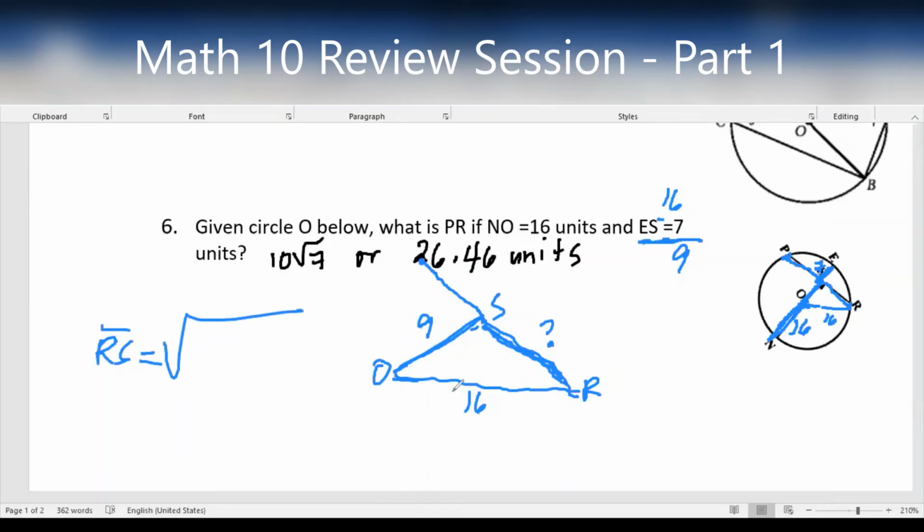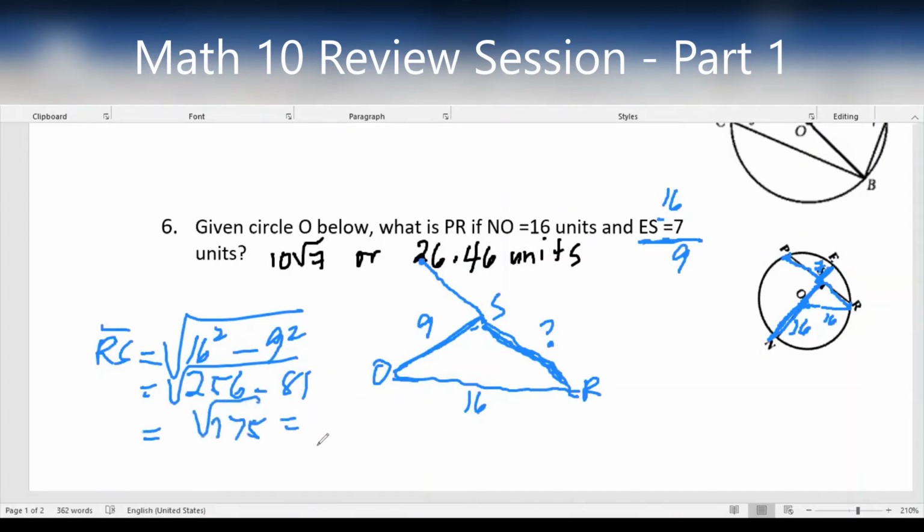Simply use 16 squared, hypotenuse, minus the square of one side, 9 squared. So, 16 squared, ano yung magiging sagot niyan? 256 yan, minus 81. The answer is square root of 175.